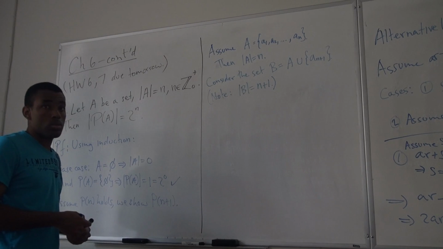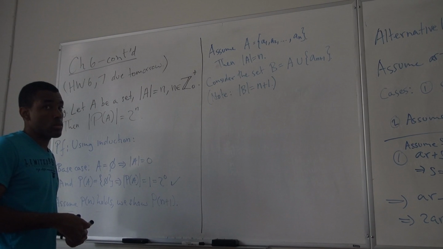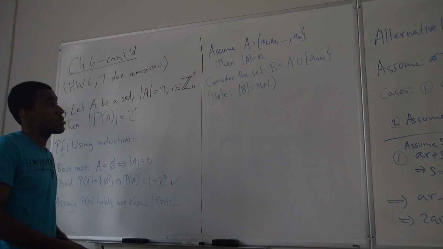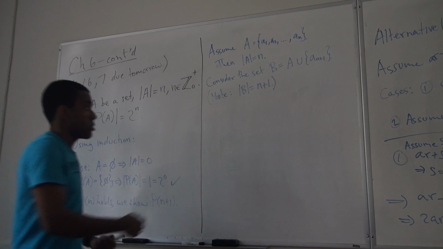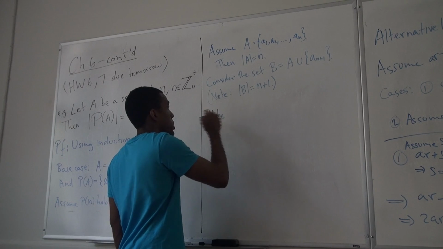So we can say, rigorous enough, that since B is equal to the union of A and the element A sub n plus 1, then the power set will contain the power set for A by itself, plus all of the elements of the power set with A sub n plus 1 added. Yes, that is rigorous because of what we can say here.